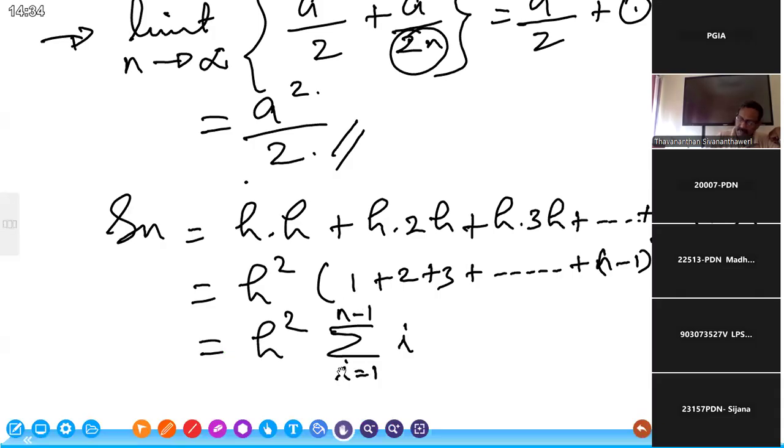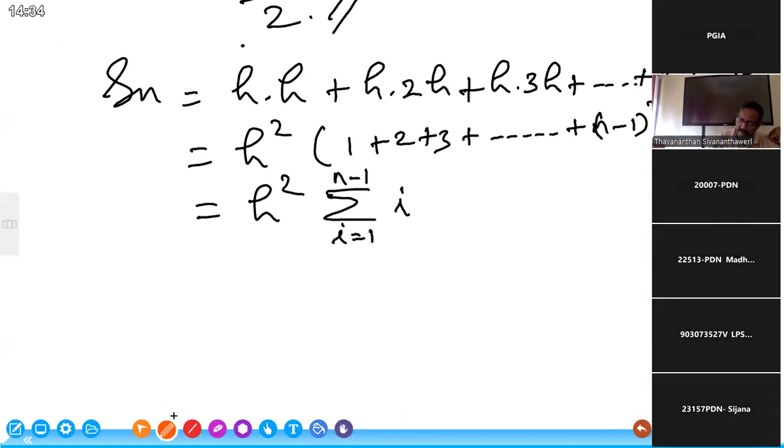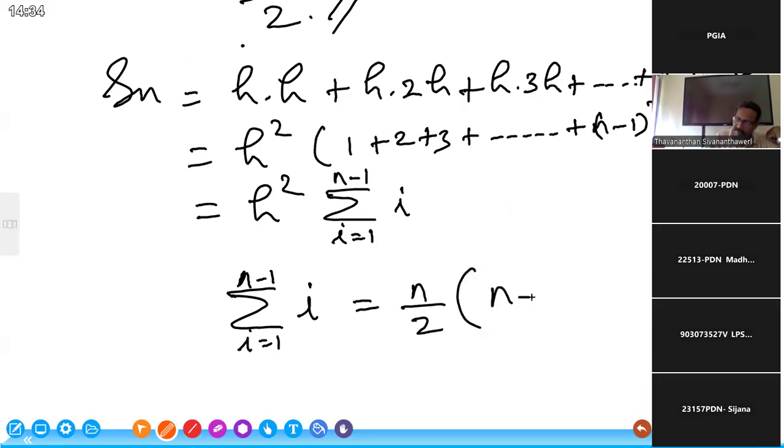We could expand this, where this summation of i, where i is from 1 to n minus 1, can be written as n by 2 into n minus 1. Right?